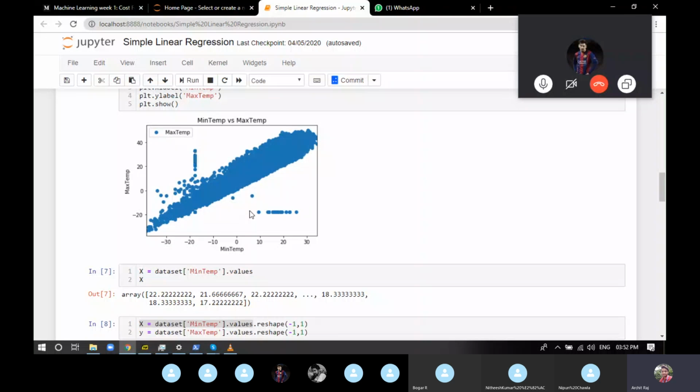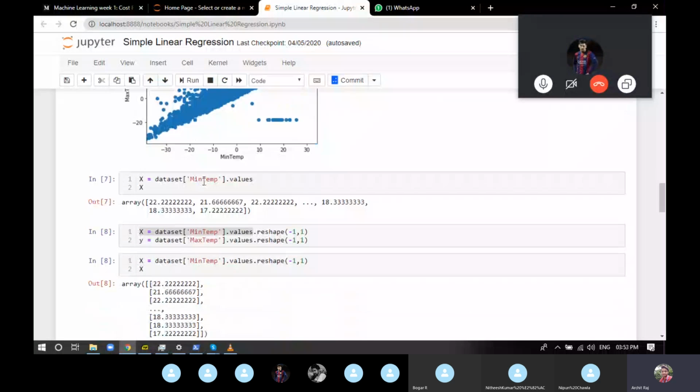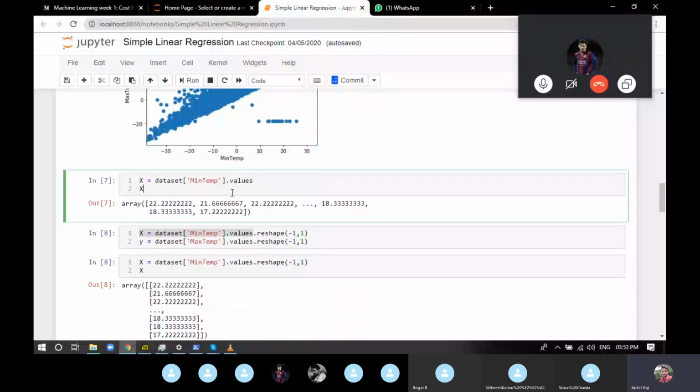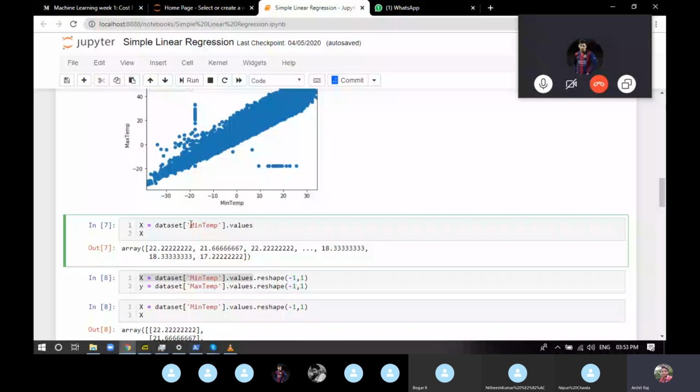Now what exactly are we going to do? We're going to take the minimum temperature and put it into a variable x, which will be our training dataset. So we took the dataset, took the minimum values, and .values does what? It takes the data from the data frame and converts it into a NumPy array.